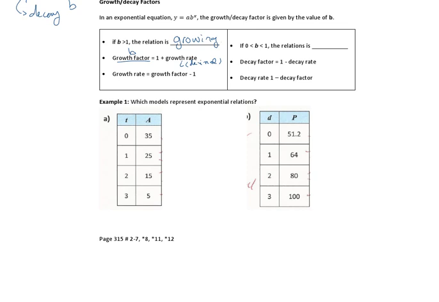Now, if you want to find the growth rate, like the question that asked you that on the test, if you want to find i, you take b and you subtract 1 from it.